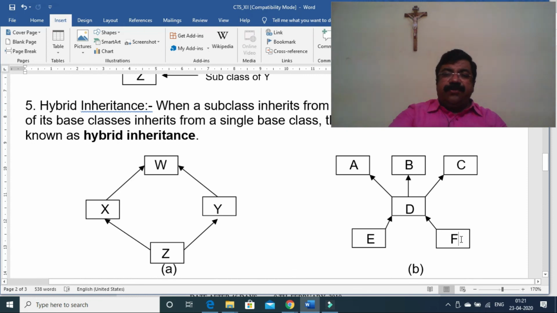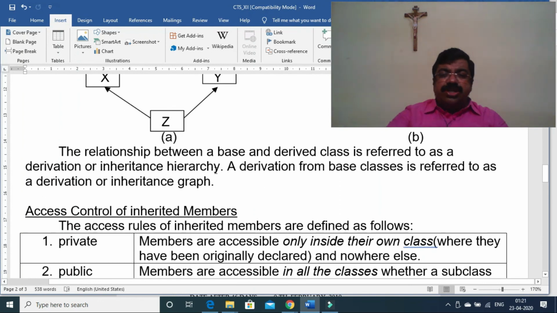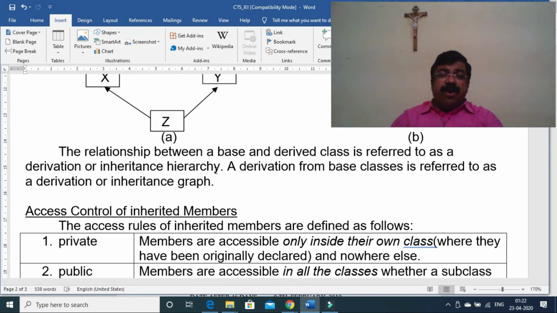See, these are the different types of inheritance. The relationship between the base class as well as the derived class is referred to as derivation or inheritance hierarchy.